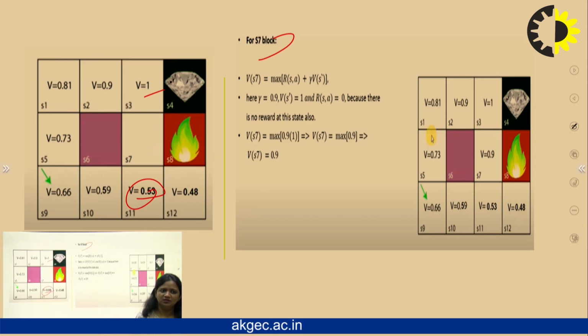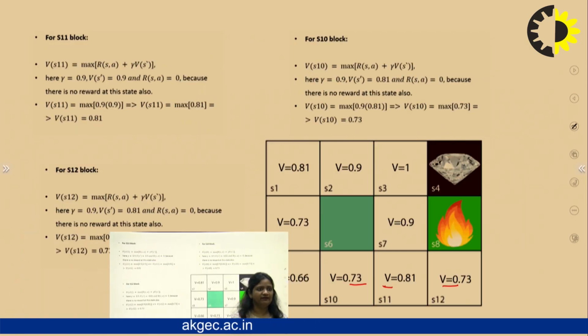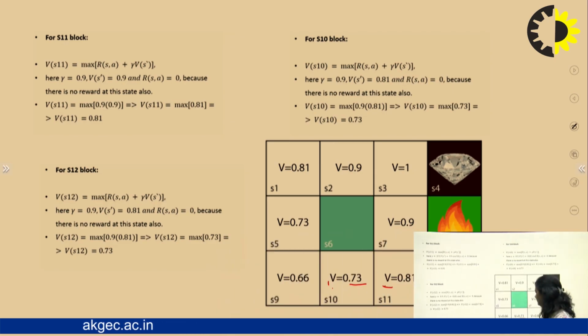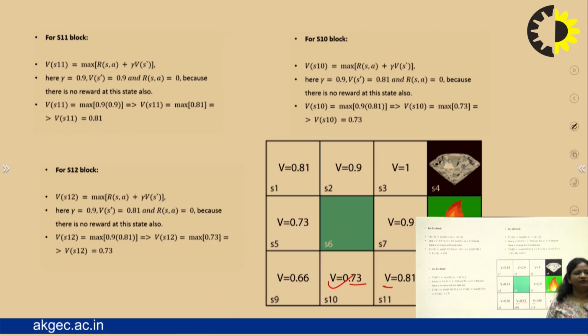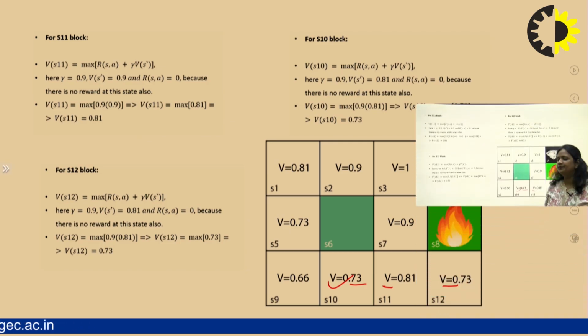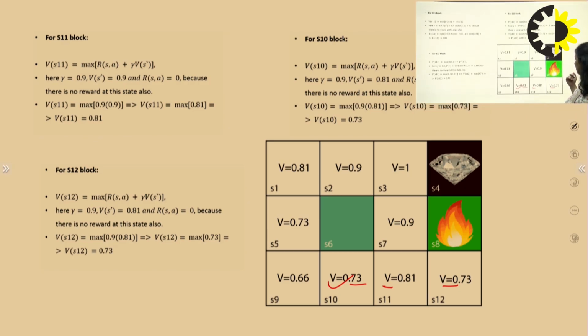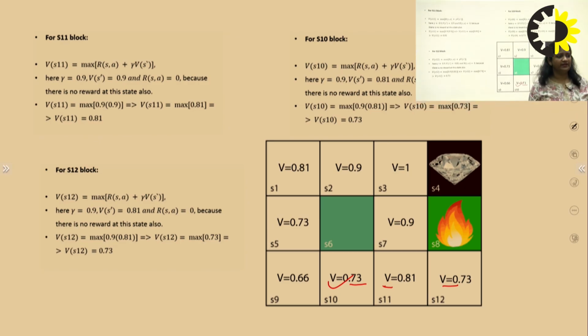And what is the maximum of 0.59 and 0.73? 0.73. So that is why we replace the value of the S10 block with 0.73. Now again we calculate the value for the S12 block. We follow the same procedure, choosing the maximum value for each grid cell until we reach the final point.